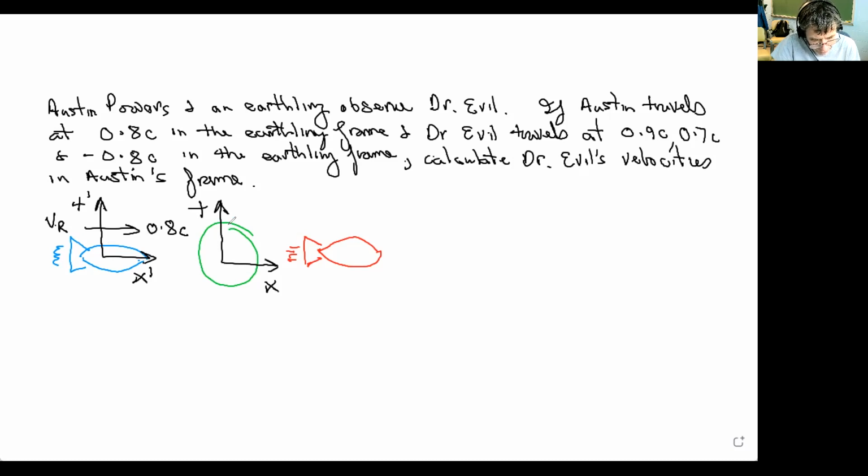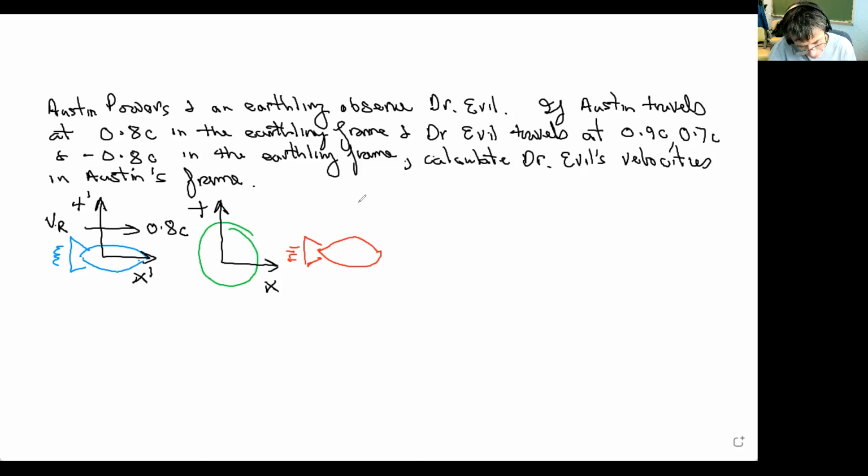The Earthling reference frame is also moving with respect to Austin's reference frame at 0.8 times the speed of light in the left direction.